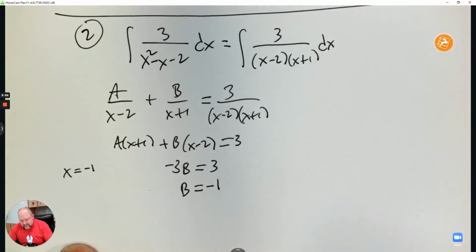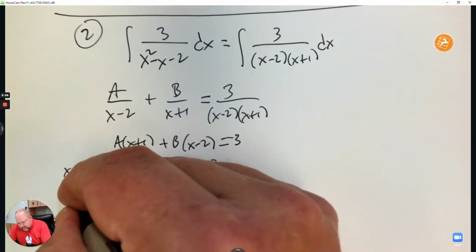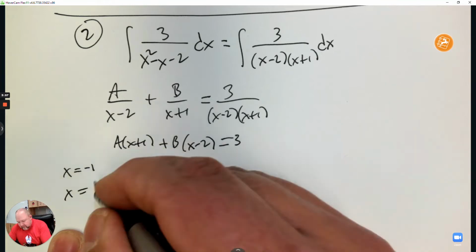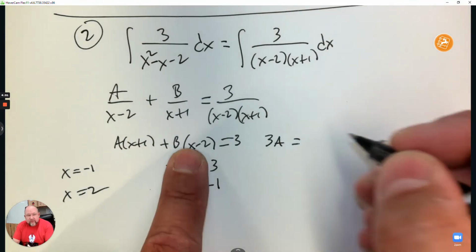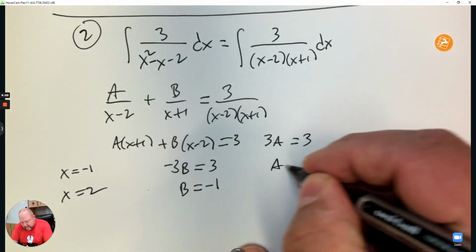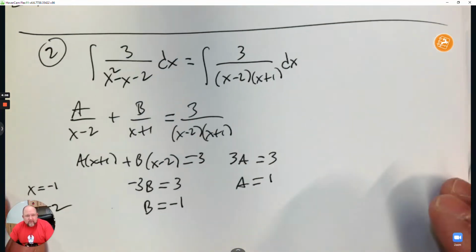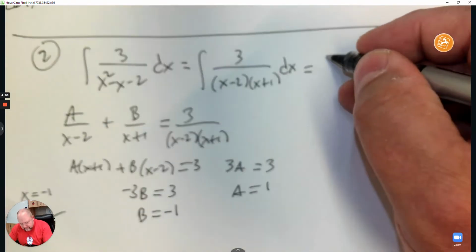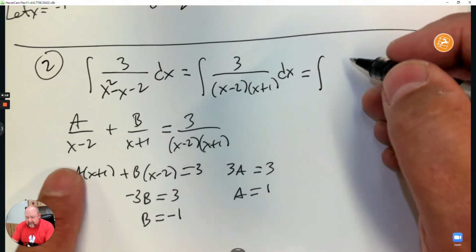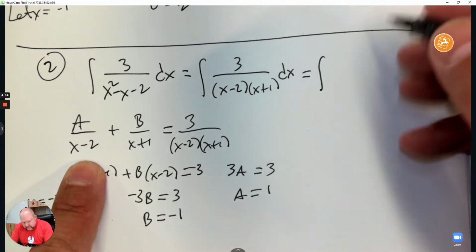It's double checking. If x equaled, what would be the other one? Positive 2. Then 2 plus 1 is 3a. That's 0, and that's equal to 3. Divide, and a is equal to 1. So I'm going to rewrite this. So I can start with a. That's over x minus 2.